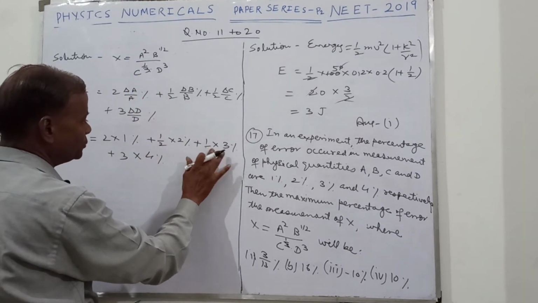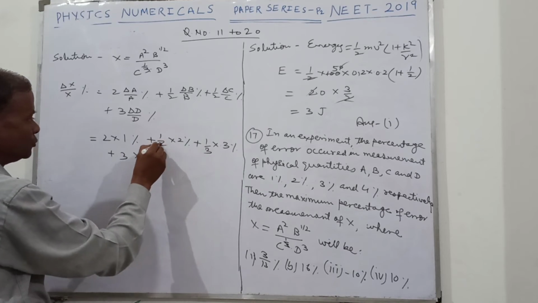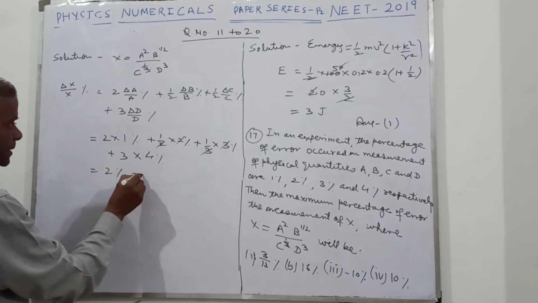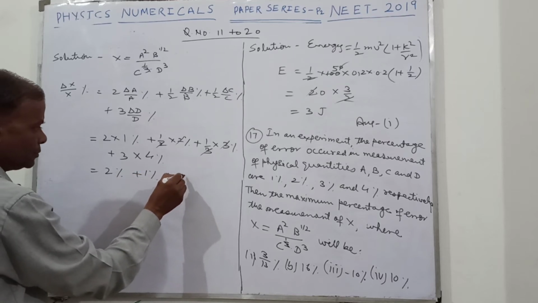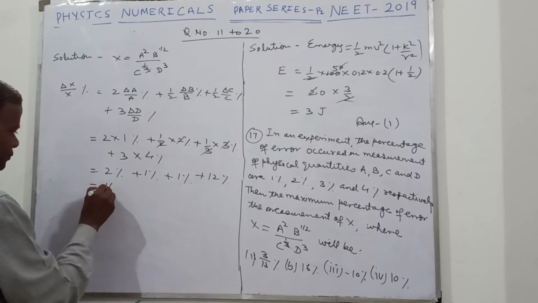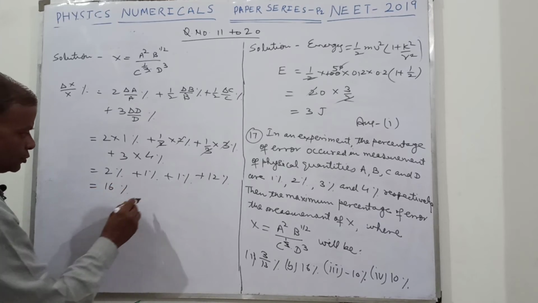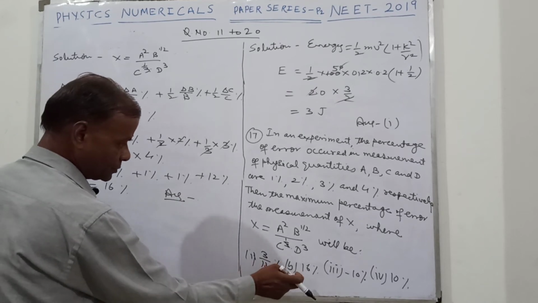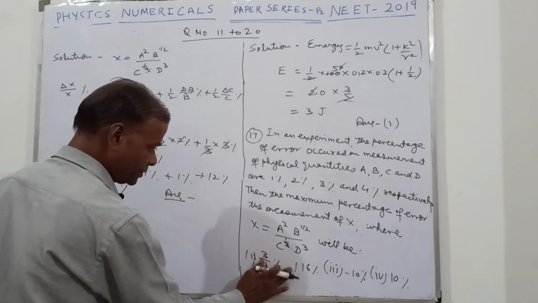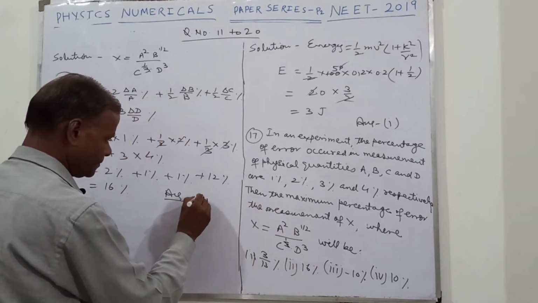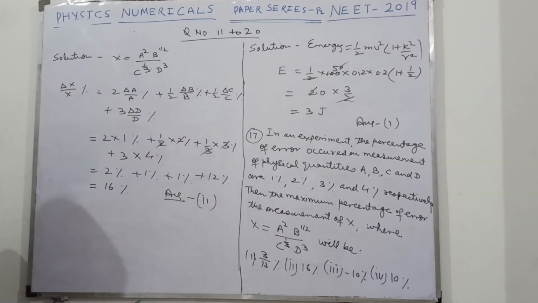So 2 and 2 cancel, 3 and 3 cancel. So this is now 2% plus 1% plus 1% plus 12%. This total is your 16%. So our right answer is the second option, 16%. Maximum error it will be 16%.